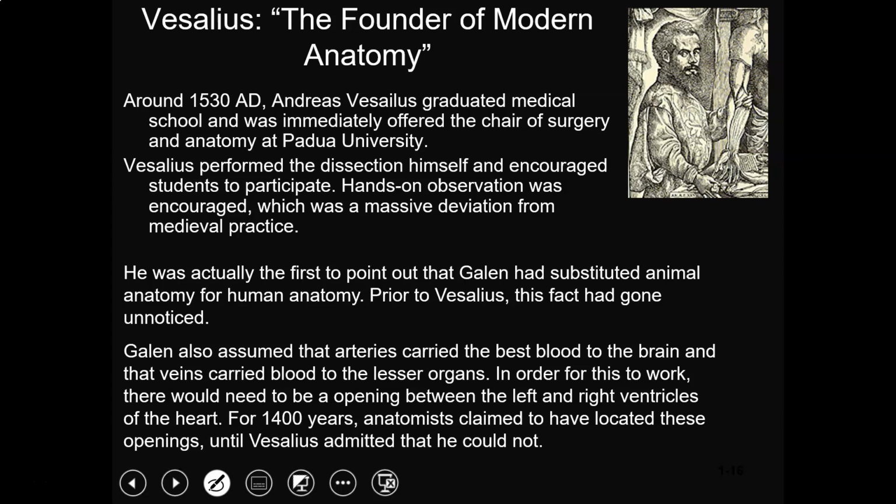He was the first person to point out that Galen had substituted animal anatomy for people anatomy. And before him, no one noticed, which is messed up. So 1,500 years, not only was your doctor practicing medicine based on dog anatomy, they didn't know the difference.